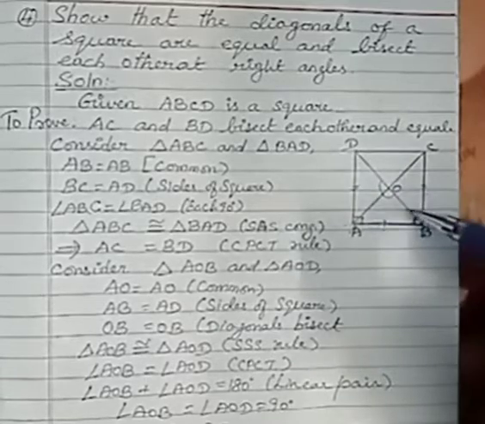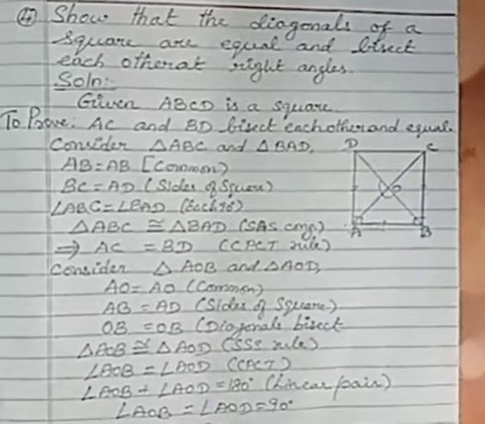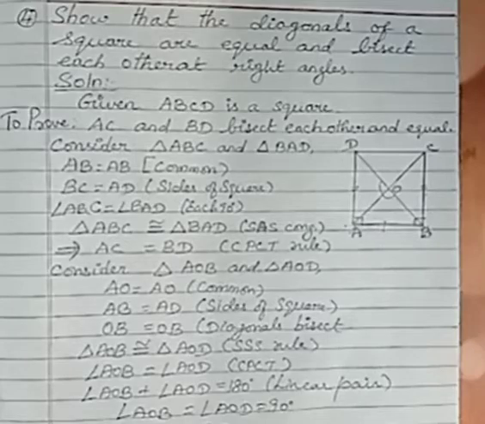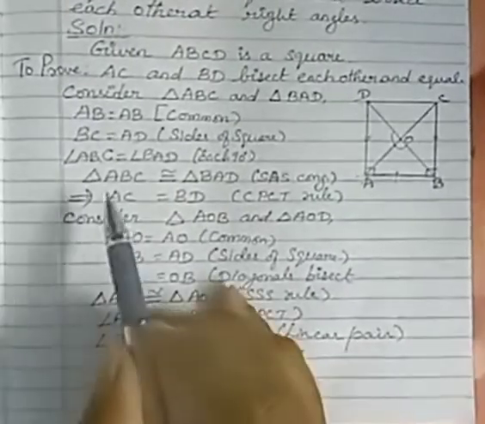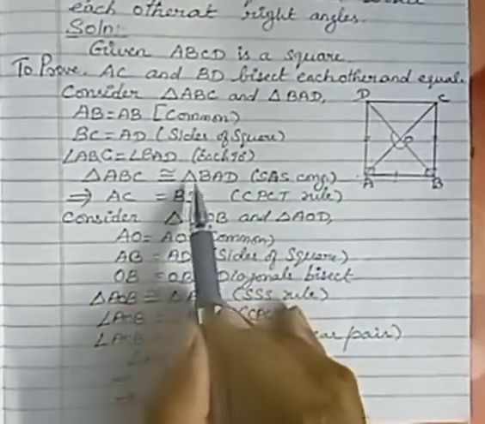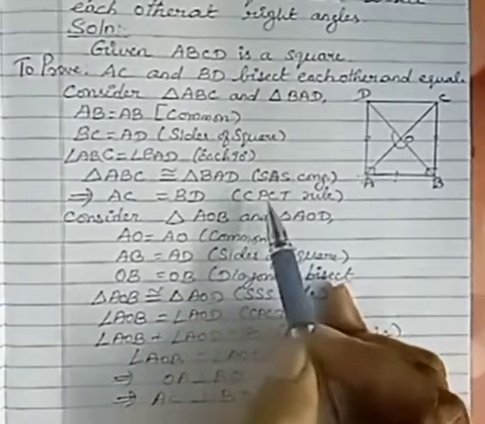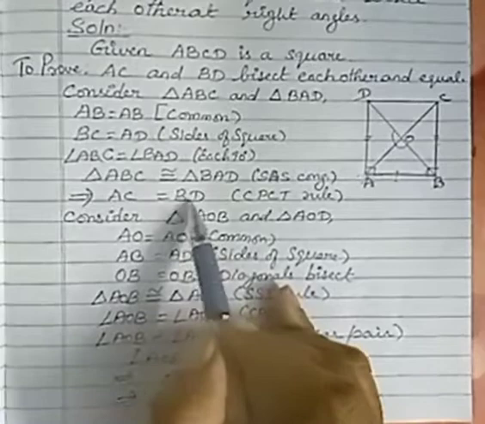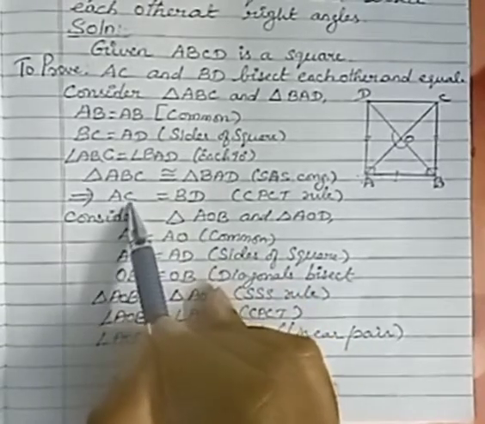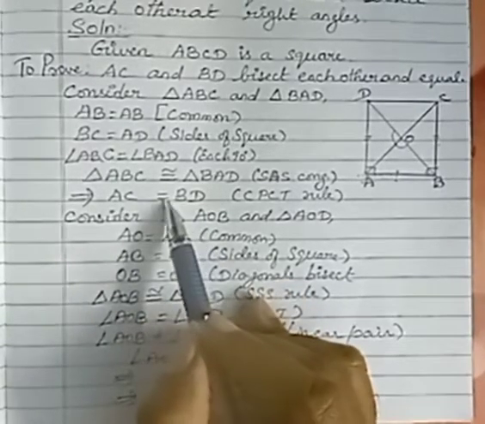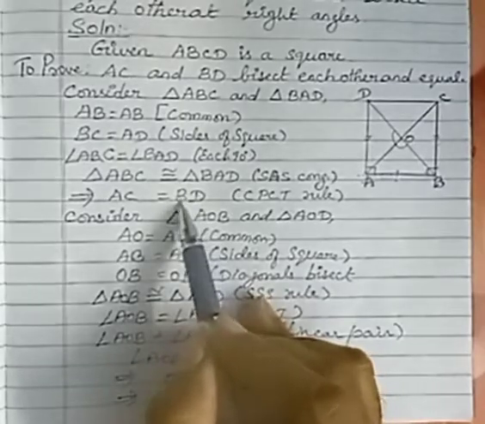So these two triangles are congruent to each other by side angle side congruence. Therefore, triangle ABC is congruent to triangle BAD. By CPCT rule, AC is equal to BD. The third side of the triangle AC is equal to the third side of the triangle BD.